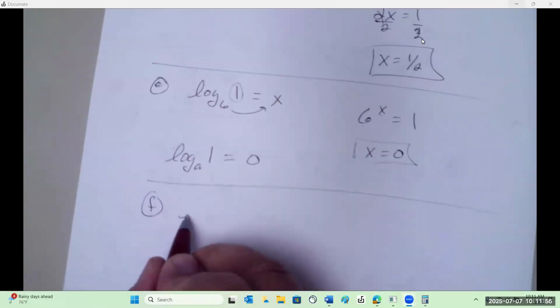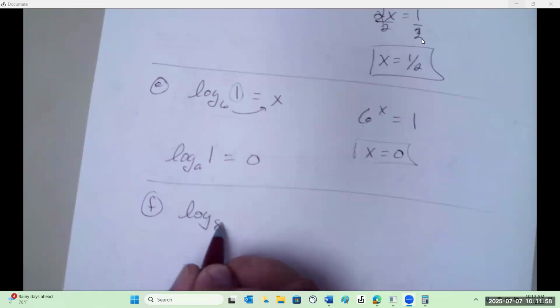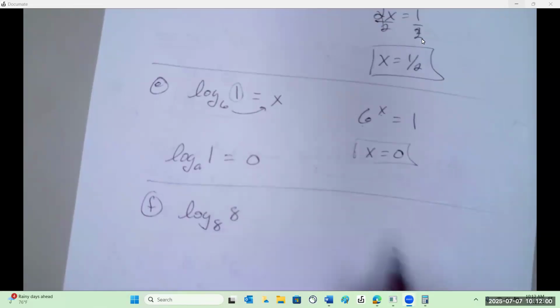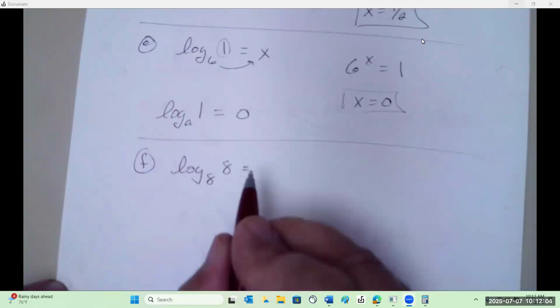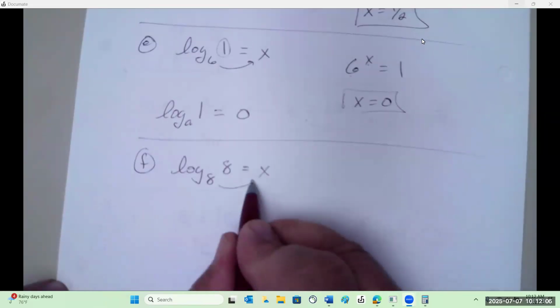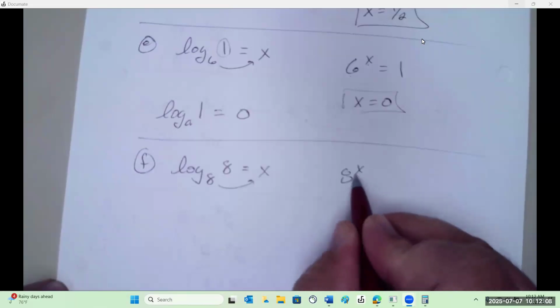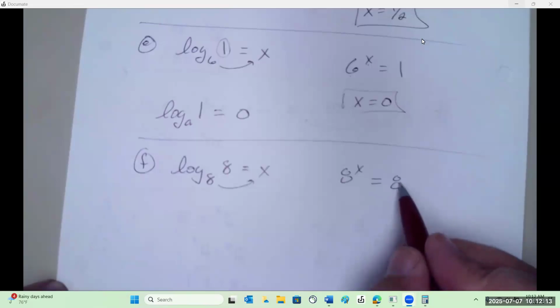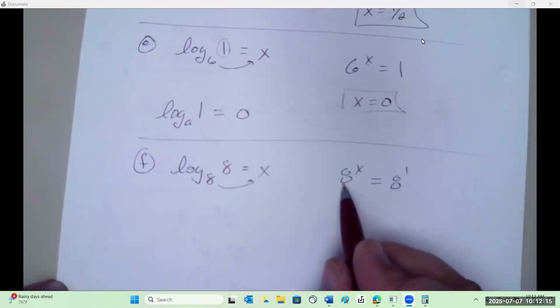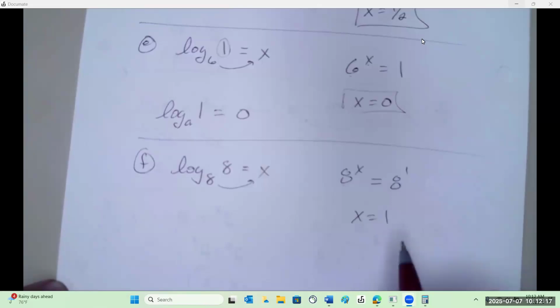And then the last one, log base 8 of 8. What does that equal? Equals some number x. Convert that. So we have 8 to the power x equals 8. What is this exponent? Since the bases are the same, x equals 1.